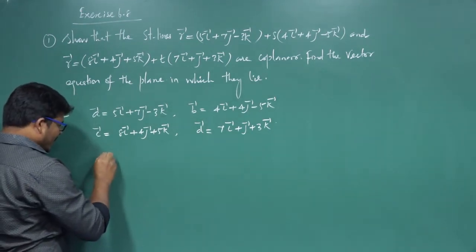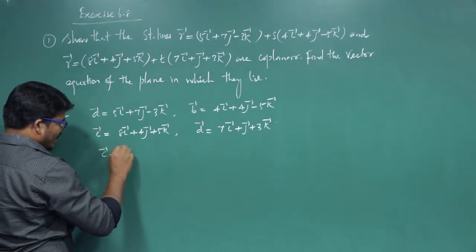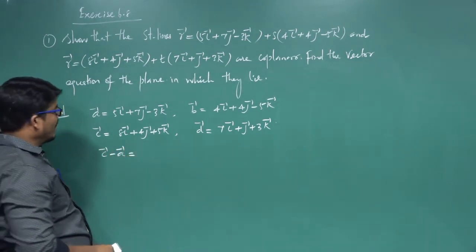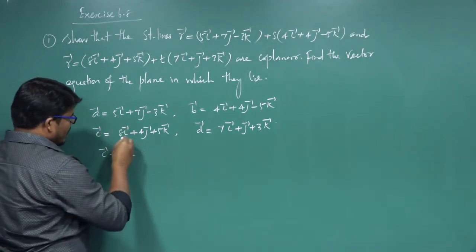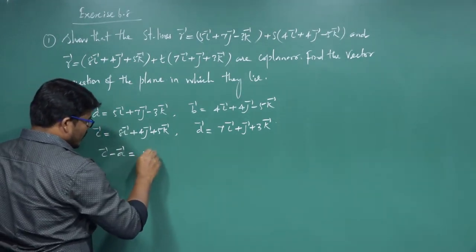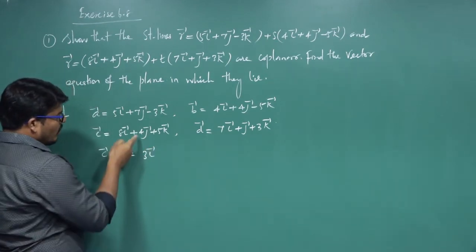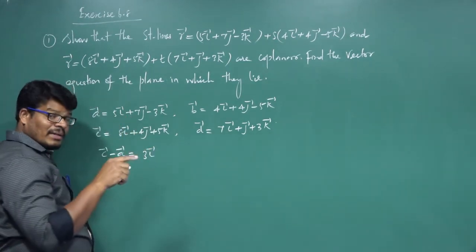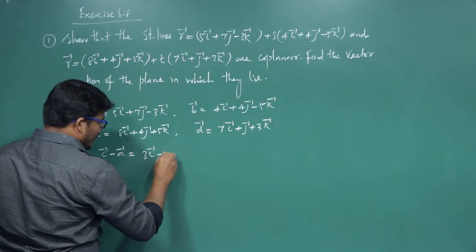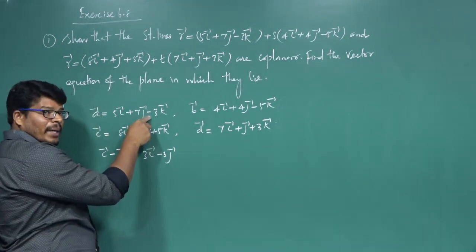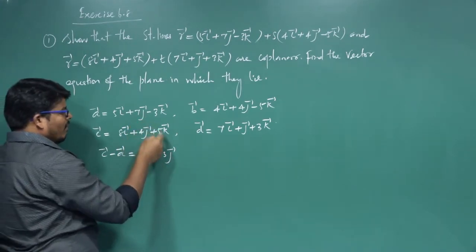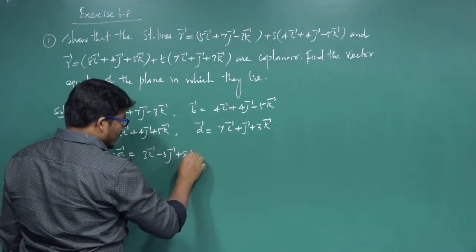Now first find c vector minus a vector. c minus a: 8i minus 5i, 8 minus 5, 3i vector. Next, 4 minus 7, minus 3j vector. Next, 5 minus 3, which is minus minus, plus, 5 plus 3, 8k vector.